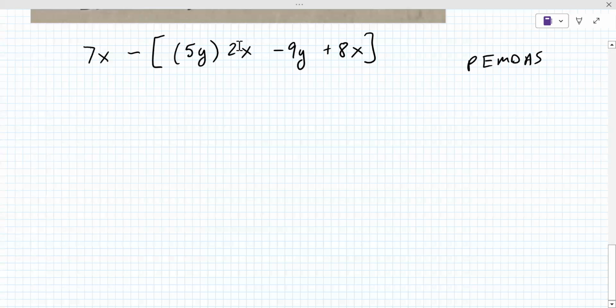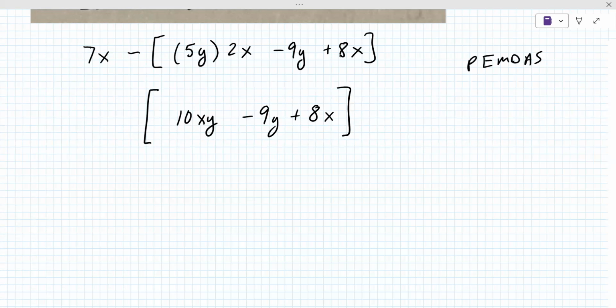What would 5y times 2x be? 10yx, or 10xy, good. Now, the minus 9y plus 8x, there's nothing that you can do with those. They just stay the same.